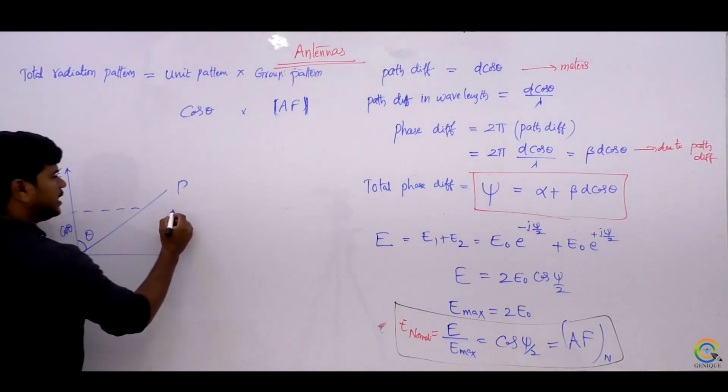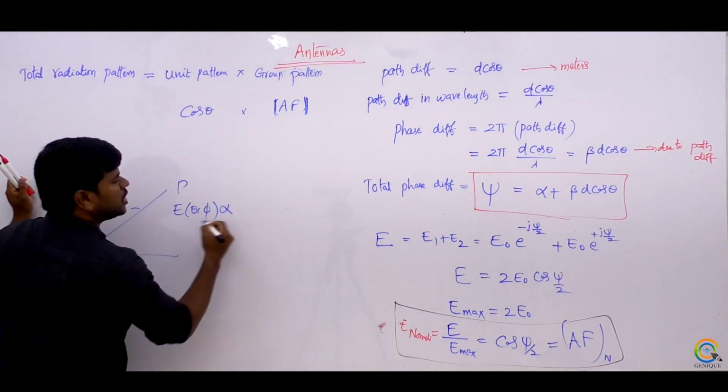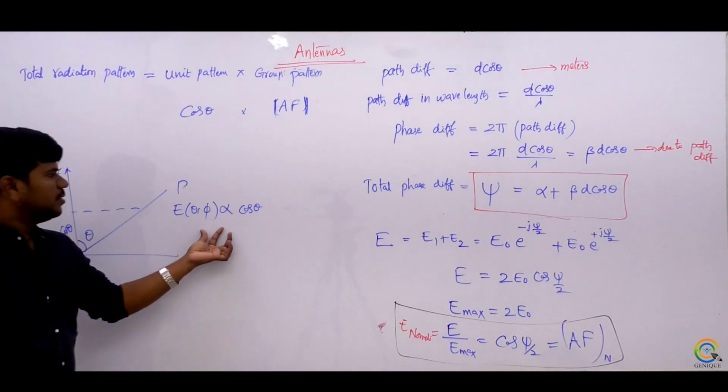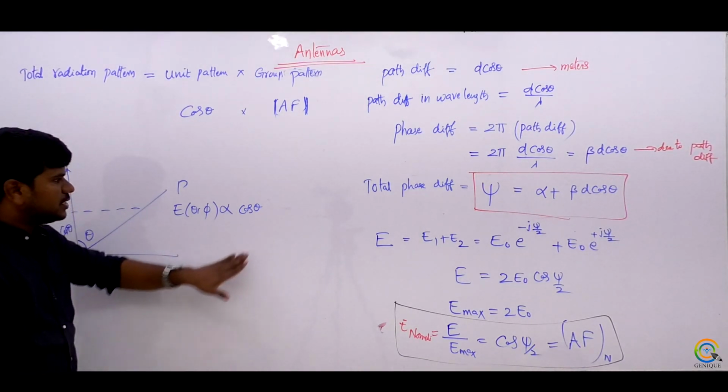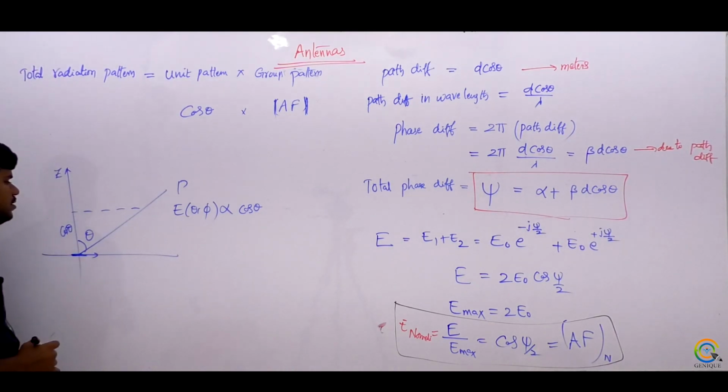The radiation intensity E of theta comma phi is proportional to the cos theta here. So this is called the unit pattern. Suppose we take one element here, like this.